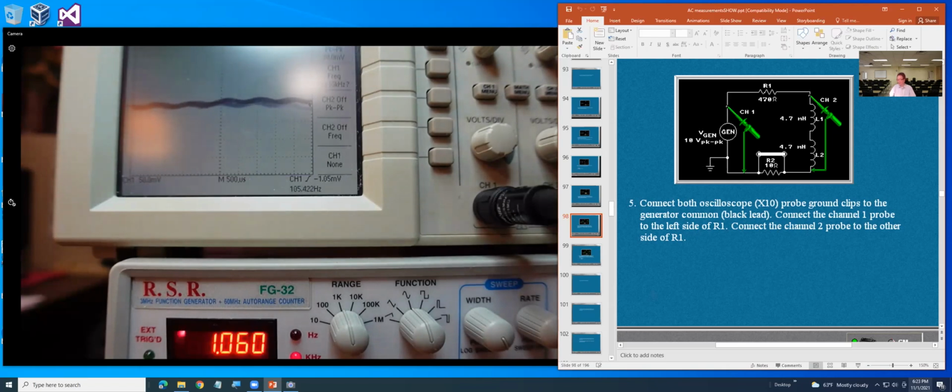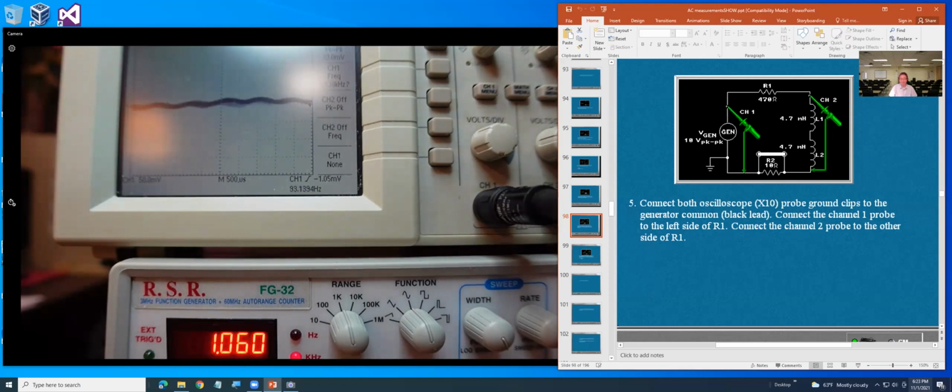So basically, for example, for the voltage across R1, the left side will be A and the right side will be B. Then VAB equals VA minus VB. Okay?